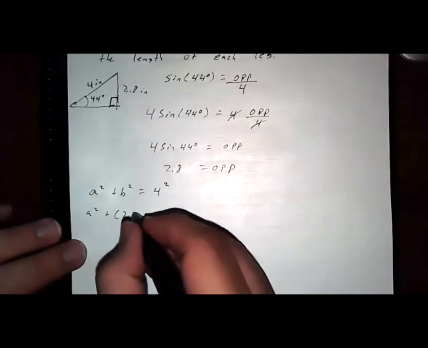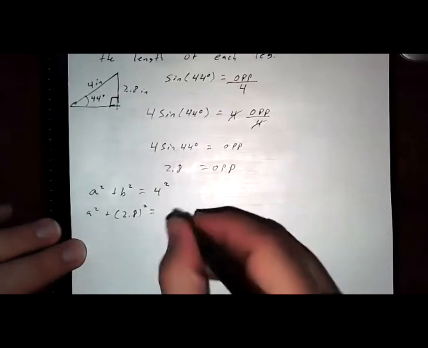Hit second and then mode. Okay, thanks. So put 2.8 squared equal to 16. At this point, subtract the 2.8 squared over, and then square root both sides. So a is whatever this is, just calculator time.